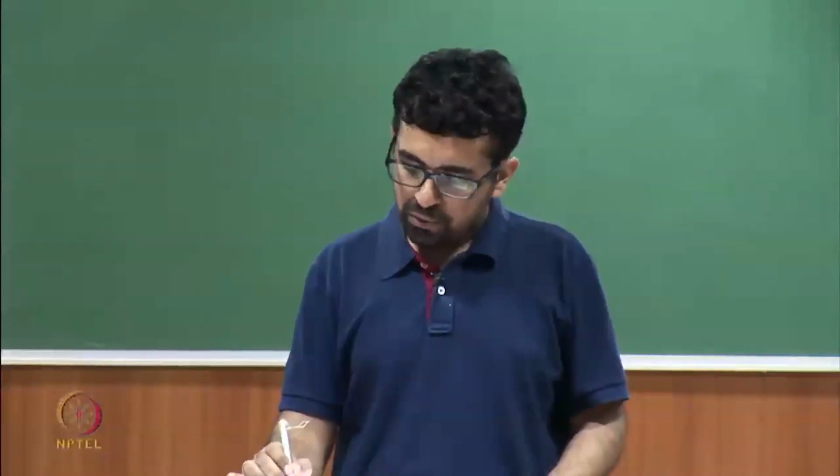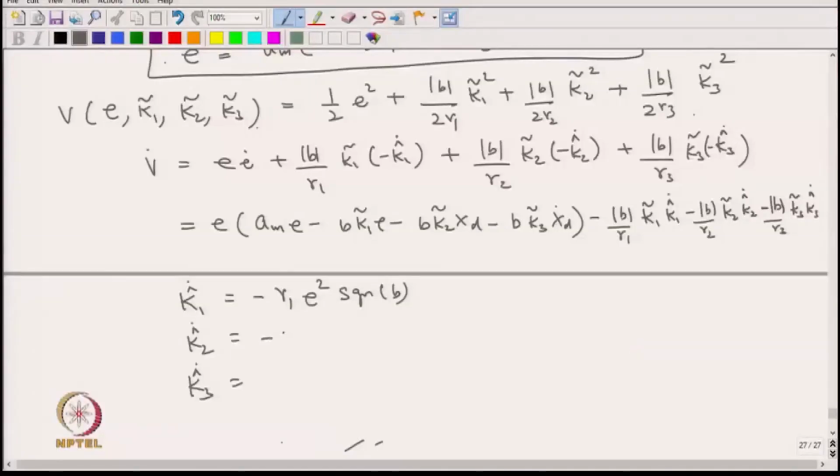So, k2 hat dot is designed like this, E x d signum of b.